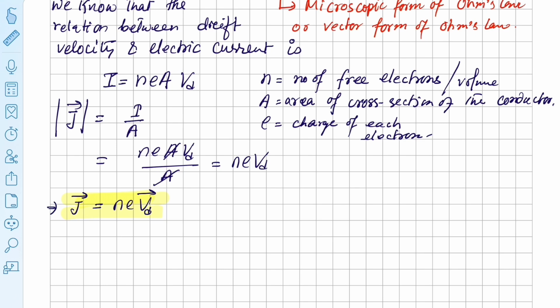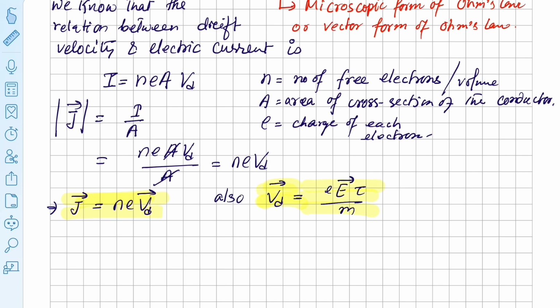Now you see, we know that Vd is equal to E, capital E, tau by m.